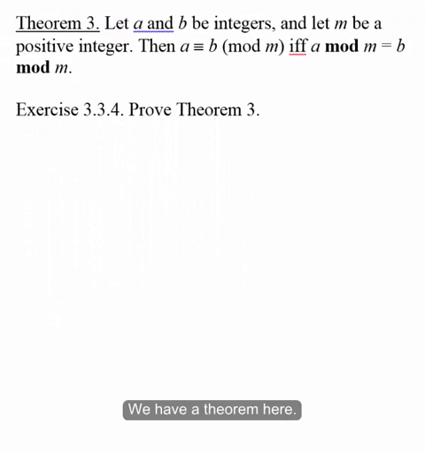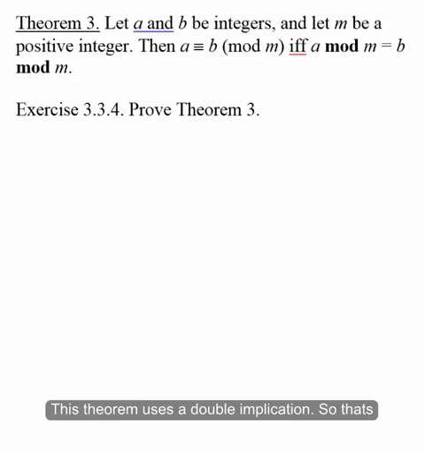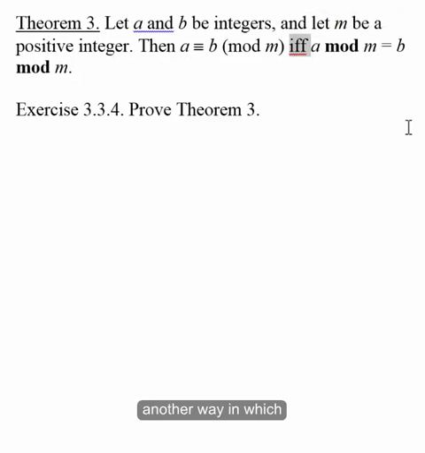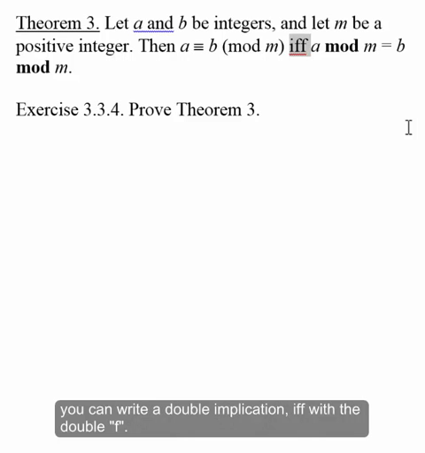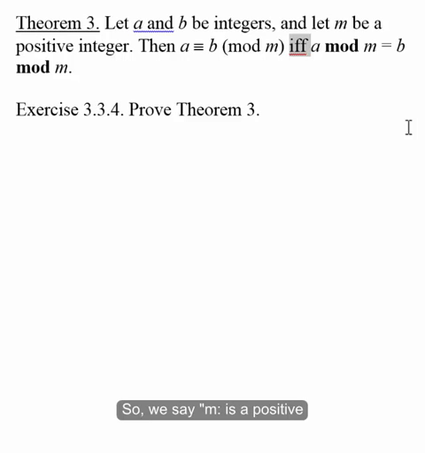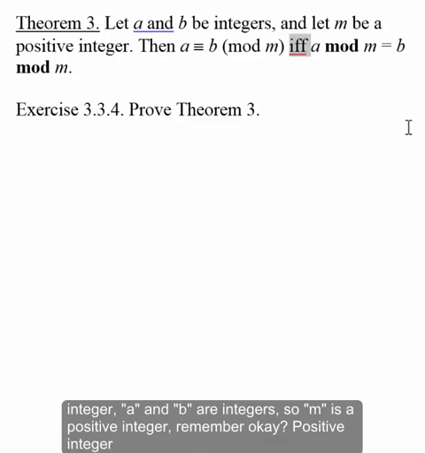We have a theorem here. This theorem uses a double implication. Remember, that's another way in which you can write a double implication, if and only if. So we say m is a positive integer, a and b are integers. So m is a positive integer, remember?